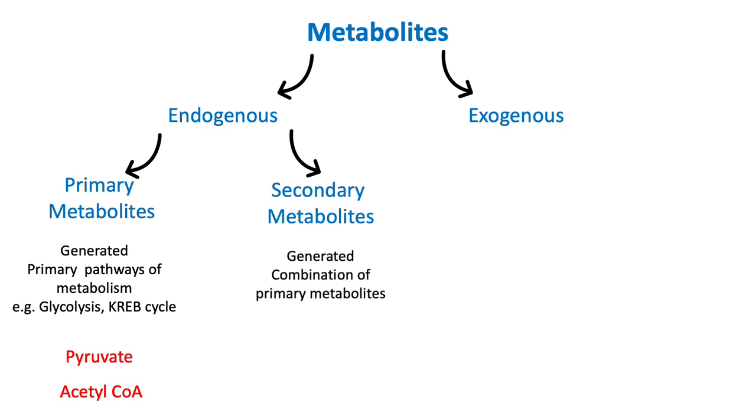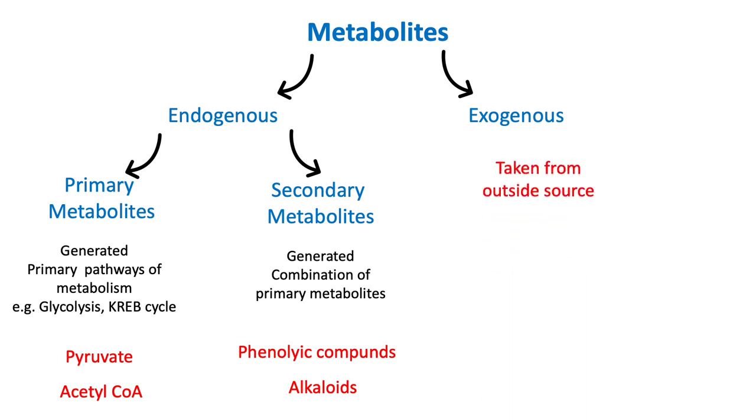Examples of secondary metabolites are phenolic compounds and certain alkaloids. Exogenous metabolites are those which are taken from an outside source. We can get drugs or drug derivatives and food colors, and all these are examples of exogenous metabolites.